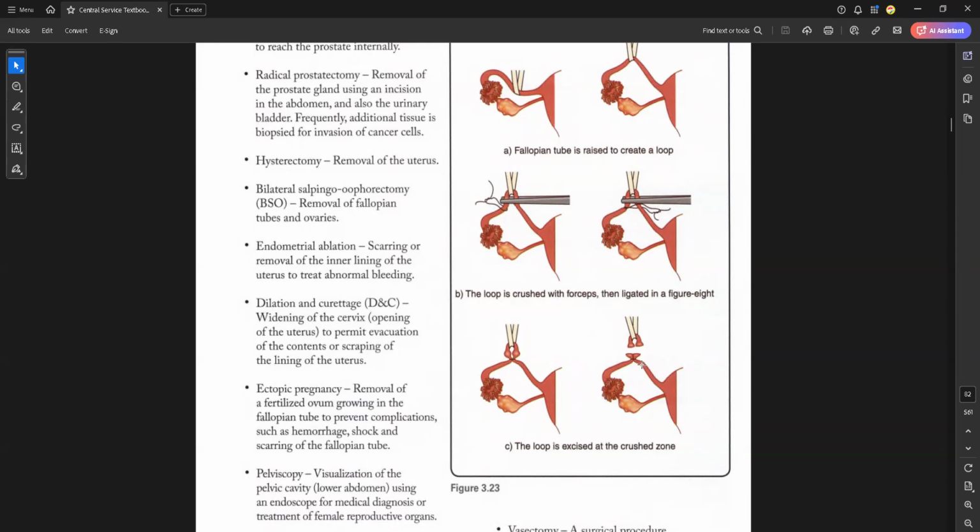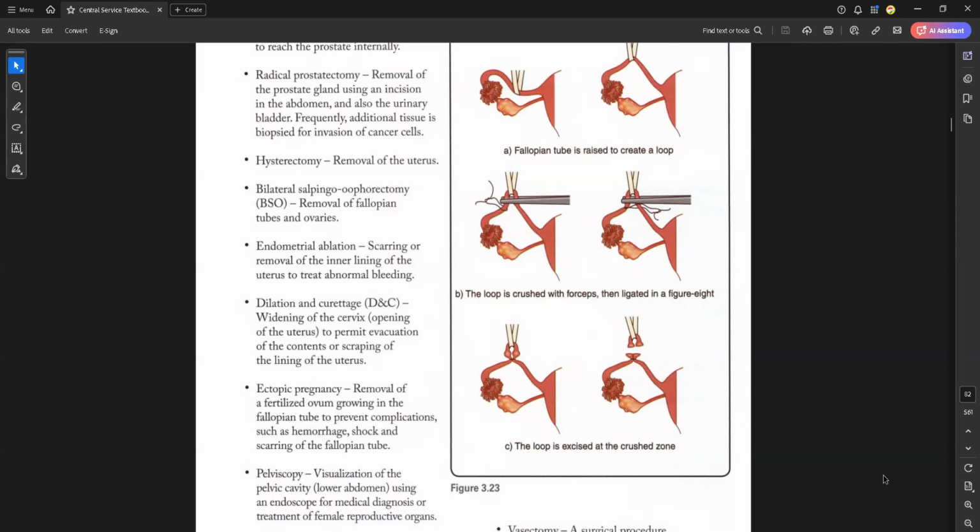That also happens. The procedure is the removal of the fertilized ovum growing in the fallopian tube, to prevent complications. When it is fertilized, it must descend. But sometimes it stays there and begins to grow. Very unfortunate.